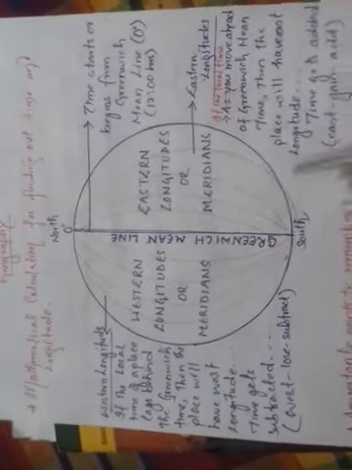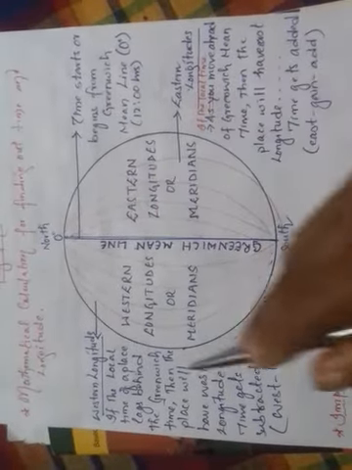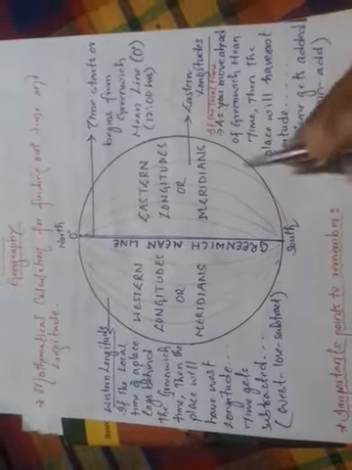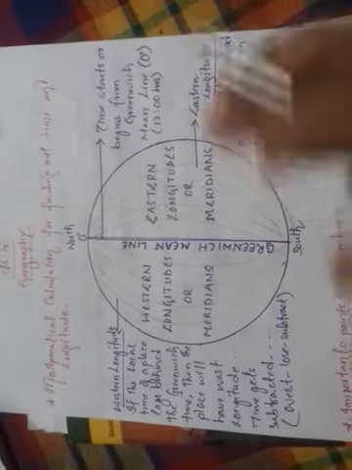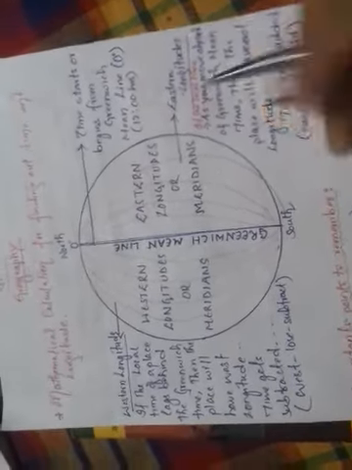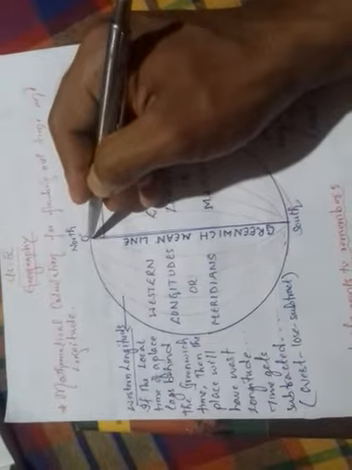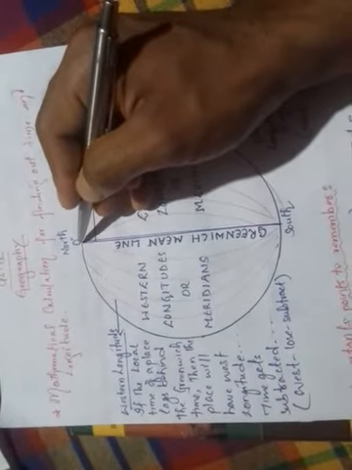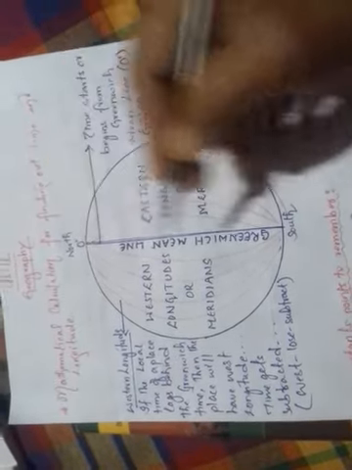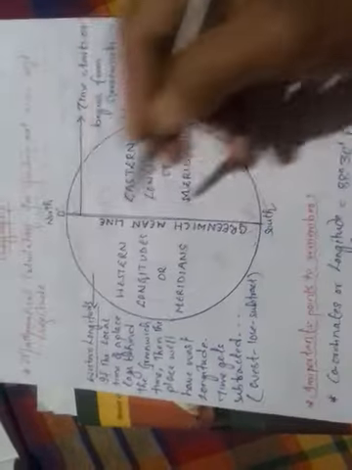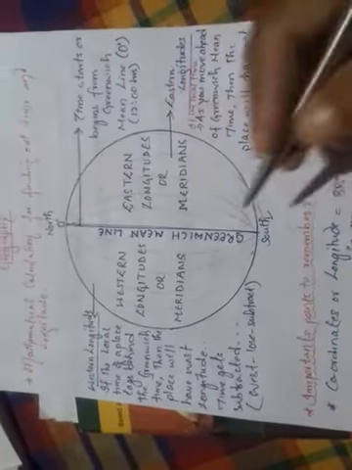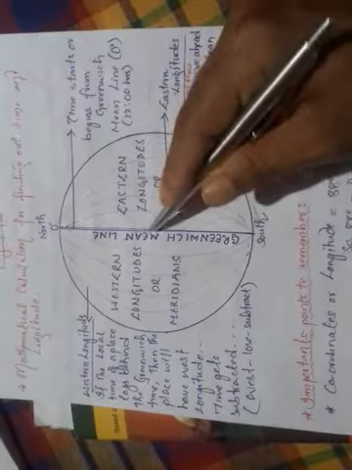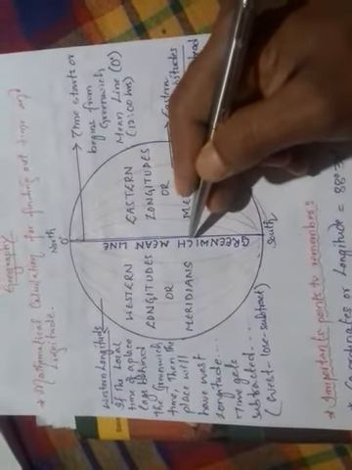As you can see here, I have drawn a globe, a figure. Through this globe we'll understand some important points. On the globe I have drawn one line at the center from the North Pole to the South Pole at 0 degree. This line is known as the Greenwich Mean Line, or the prime meridian.